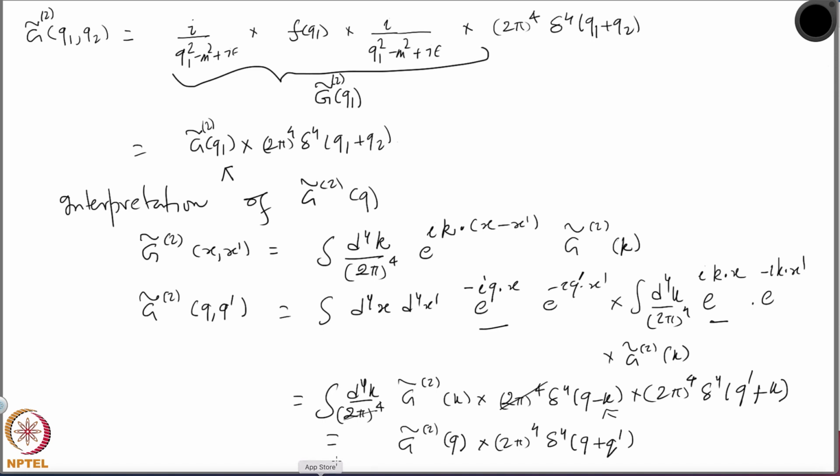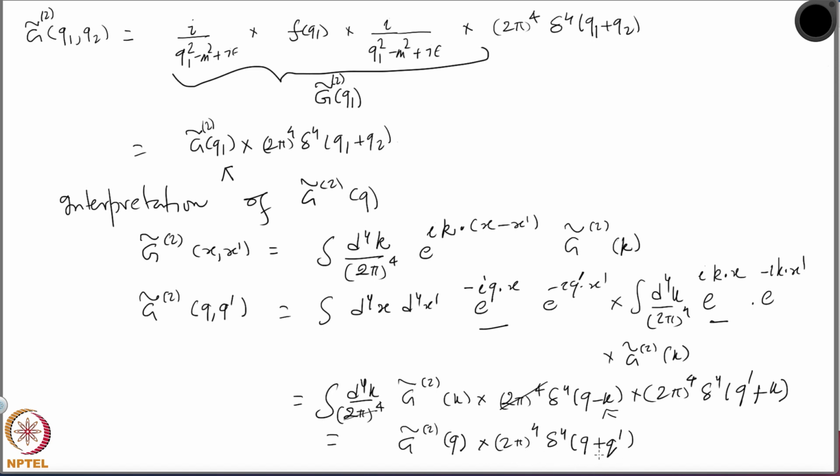Okay, so what we see is that the Fourier transform of this Green's function, or g tilde 2 of q, q prime, is just g tilde 2 of q with one variable times an overall momentum conserving delta function.